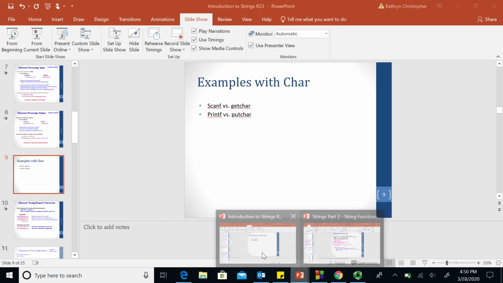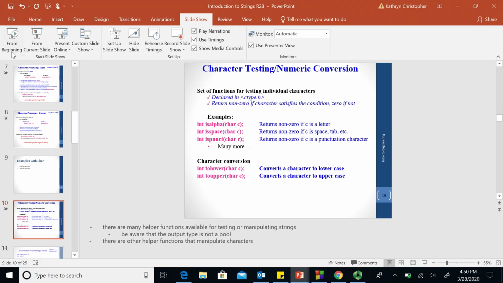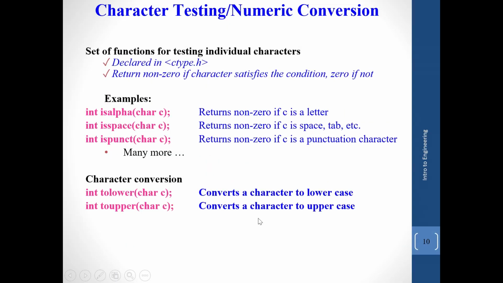Okay, let's jump back into the PowerPoint. Just want to touch quickly on a couple other character functions that you can use. These are for individual characters at one time. So you could process a string by putting these inside a for loop, but this is processing one single character at a time.